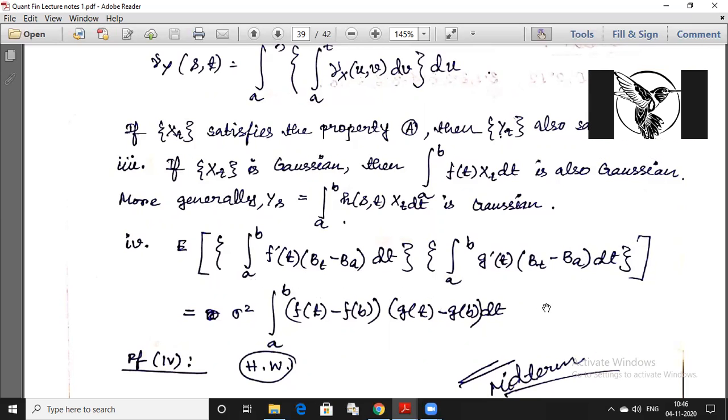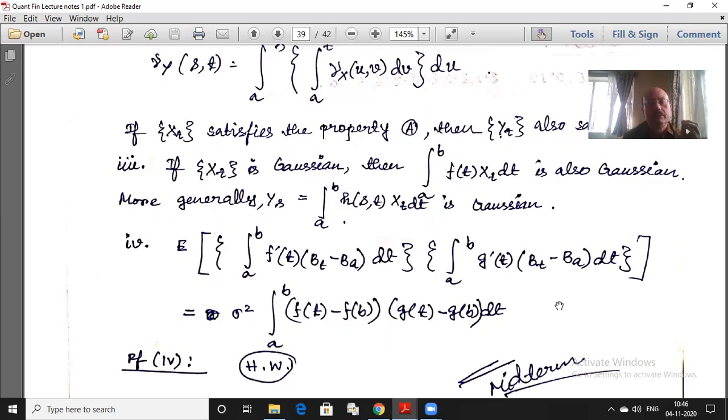If I take the expectation of this product, so it's like the expectation of X and Y, that will be given by sigma squared, which is basically the variance of the Brownian motion. You can take it to be 1 if you standardize. But this is the contribution of f and g, and that contribution looks very simple. It's the integral a to b of (f(t) minus f(b)) (g(t) minus g(b)).